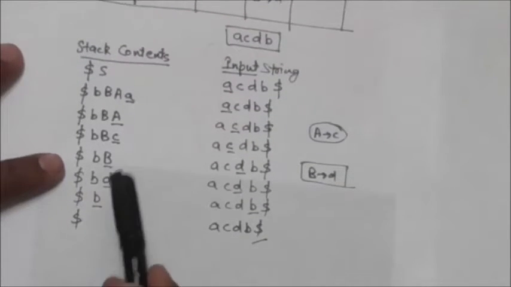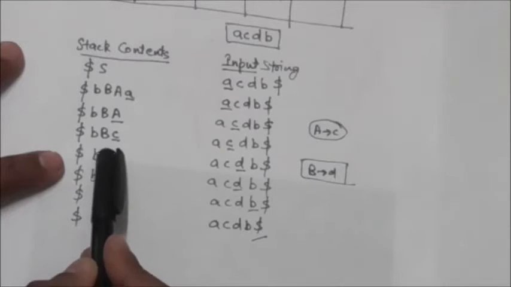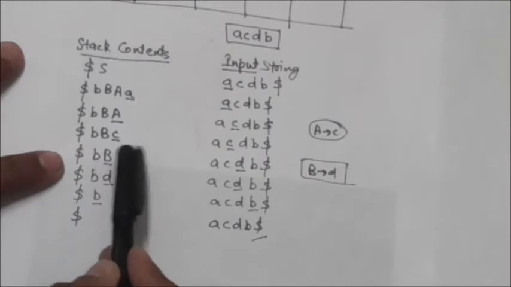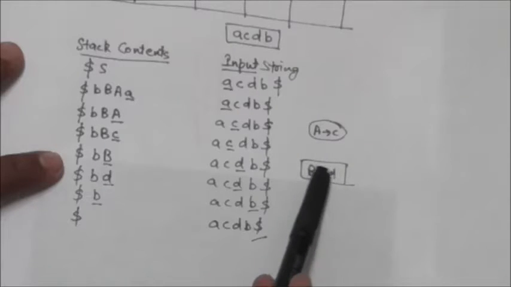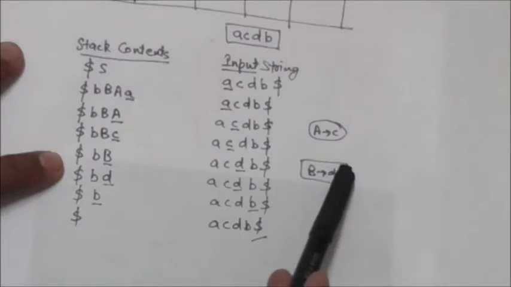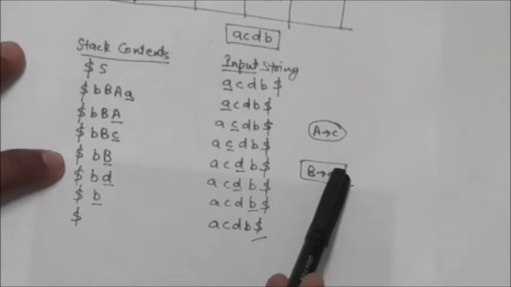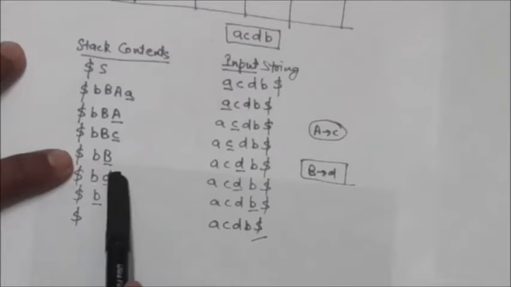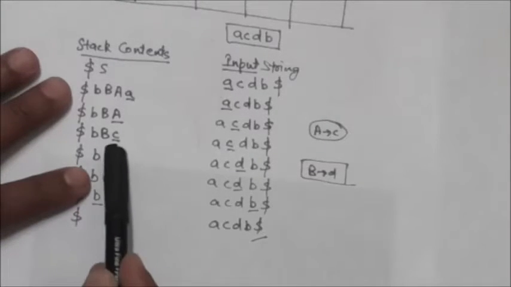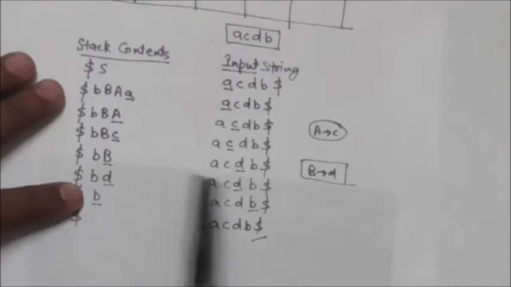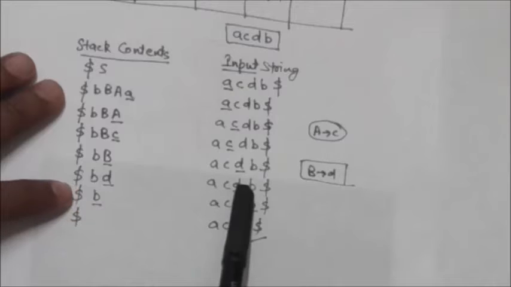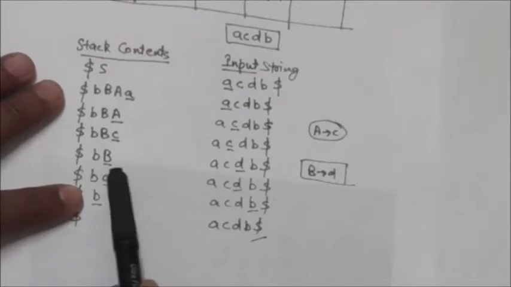So what we will do, in the stack we will replace this non-terminal symbol B by the right hand side of this production rule, B derives D. The right hand side of this production rule is this terminal symbol D, so this non-terminal B will be replaced by D, right? So now at the top of the stack there is terminal symbol D, and this input pointer points to the terminal symbol D in the string, right?